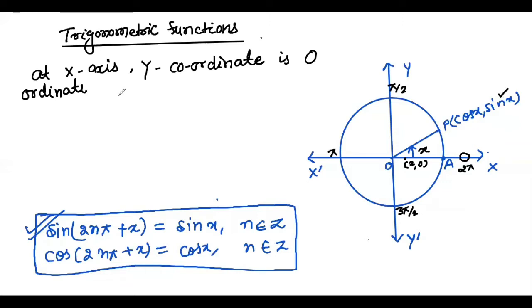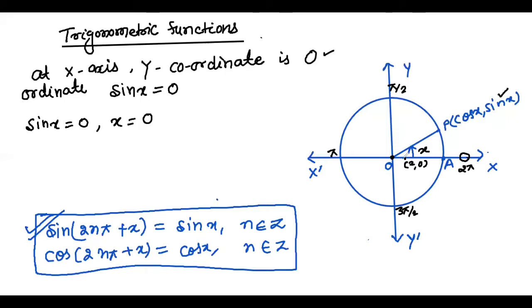So sine x is 0 on the x-axis, on the right side of this point O and the left side also, both sides. So can we write sin x equals 0 when x equals 0 radian? When x equals 0 radian, sin x is 0, because at the x-axis, y coordinate is 0.